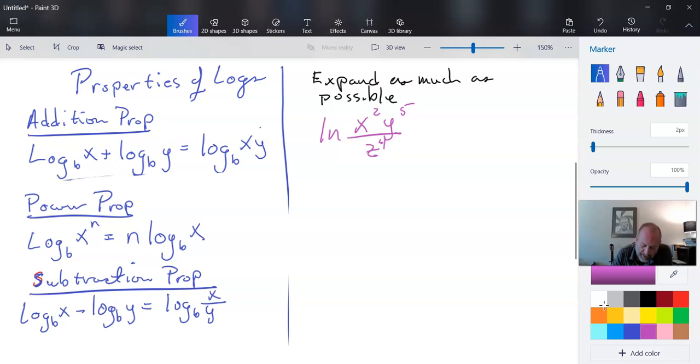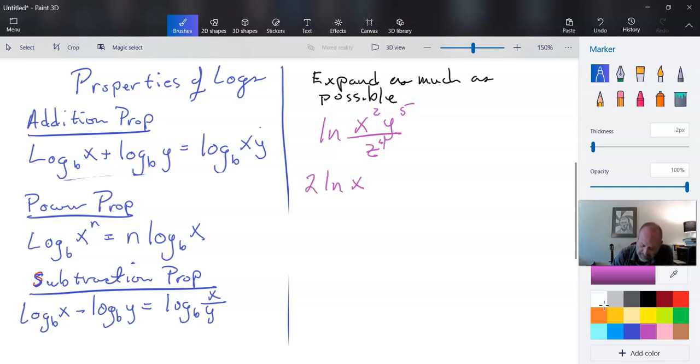So the first thing I want to point out is that I'm going to be pulling out an ln x. So natural log of x, it would be squared. But remember, what we can do with exponents is they get pulled to the front. So I can do all of that at the same time. I know the term's positive because it's in the numerator, and it's going to have a coefficient of 2 because it has an exponent of 2.